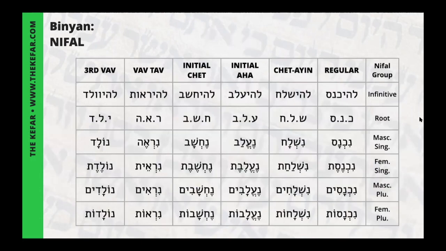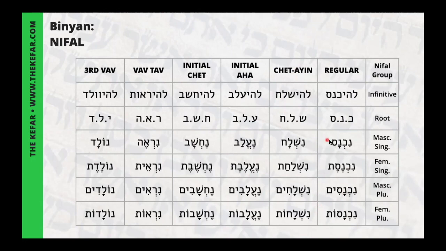And so here are the 6 groups that we have done so far, side by side. I'll just read through them and note the sound patterns for each and how they vary from our regular standard pattern. So that's nichnas, nichneset, nichnasim, and nichnasot. For chet, ayin, nifal verbs, these are verbs where the last letter of the shoresh is chet or ayin, and the pattern is nishlach, nishlachat, nishlachim, and nishlachot.